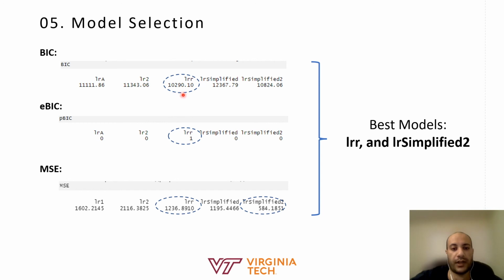You can see the lowest value is the LRR model, which is the longest model, and its probability is 1 and all other models are 0. However, when I validated the models on the test data set, I found that LR simplified 2 is much better in predicting the data set that the model wasn't trained on. So I said LR simplified 2 is the best model to use later.